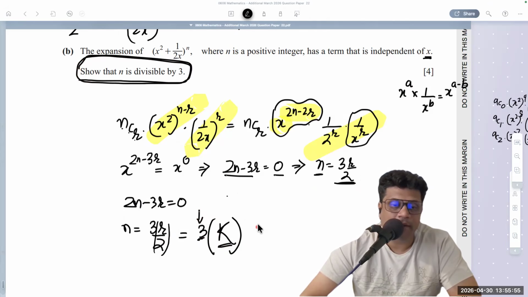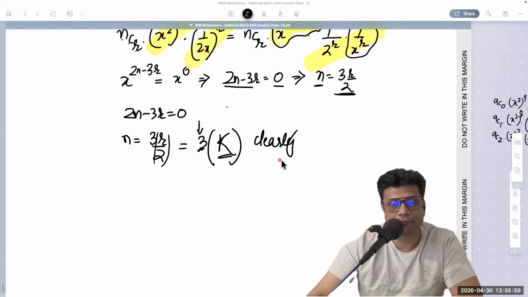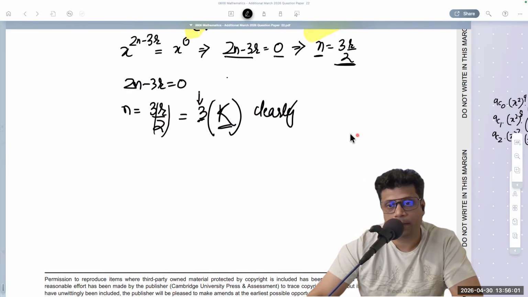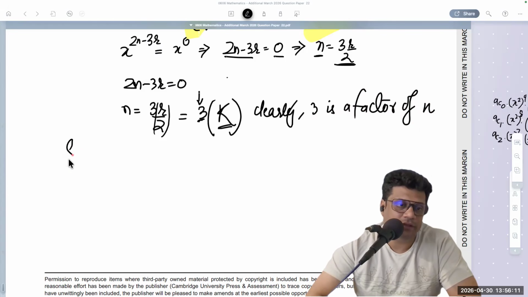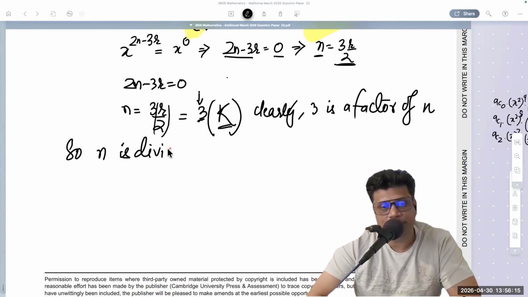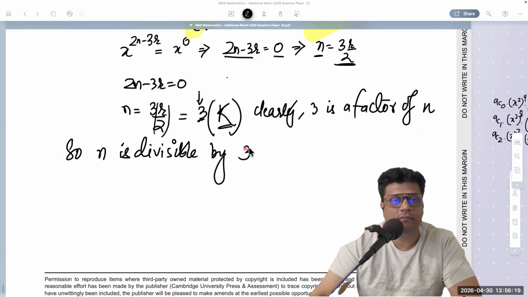So you tell them clearly, 3 is a factor of n, and so n is divisible by 3.